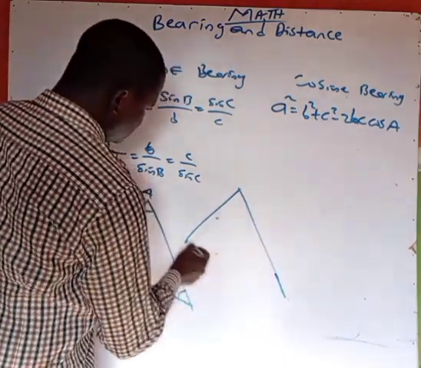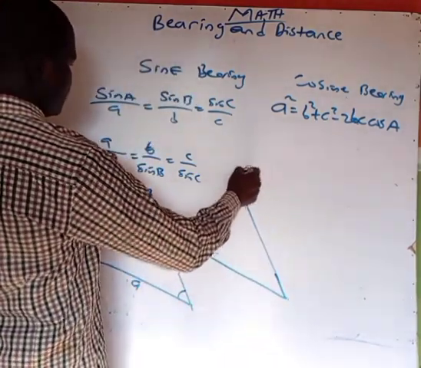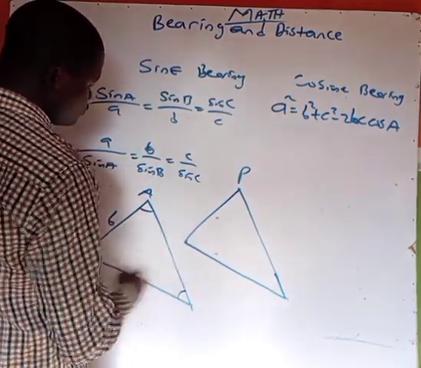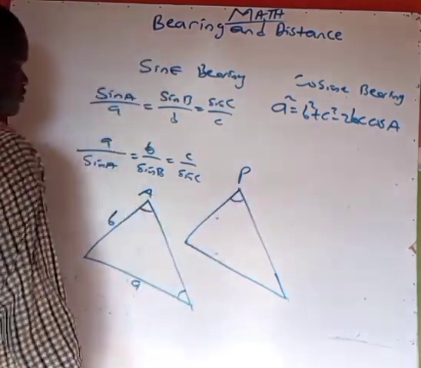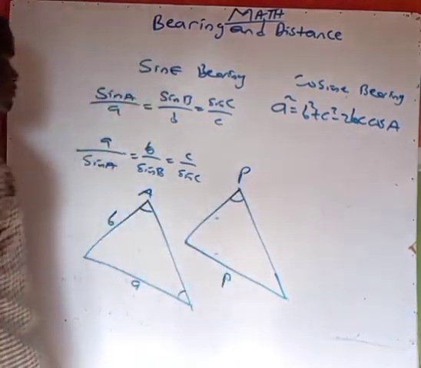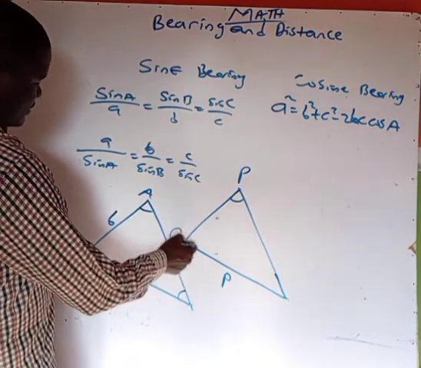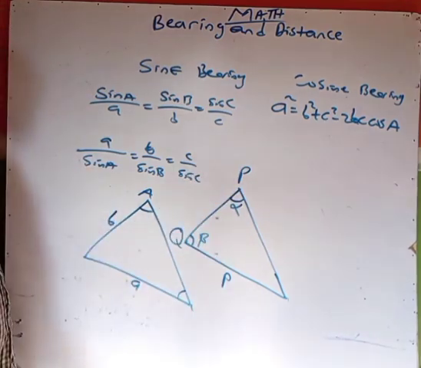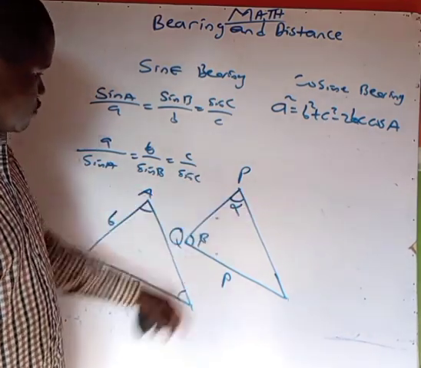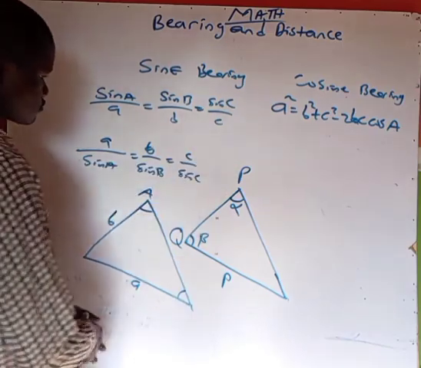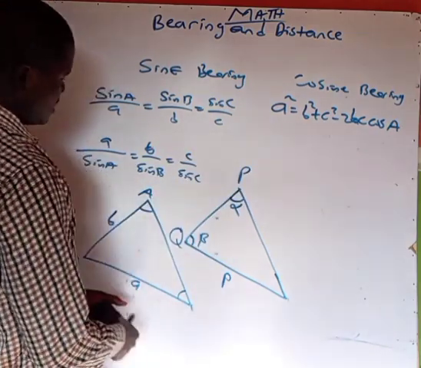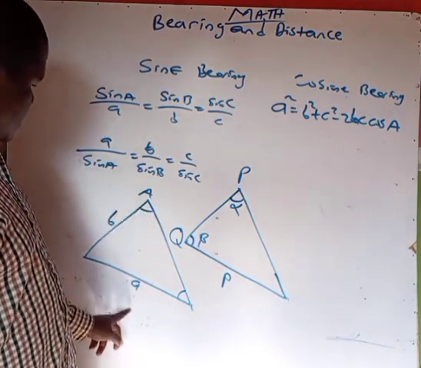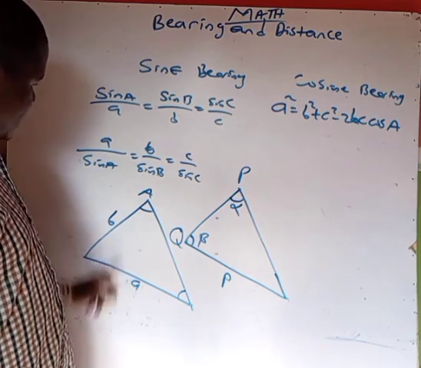So if you have it like this, you have PQ. What you are given here is this angle and this side, small p. Then look at it again: you are given this angle and this angle, call them alpha and beta, and you are given this side.